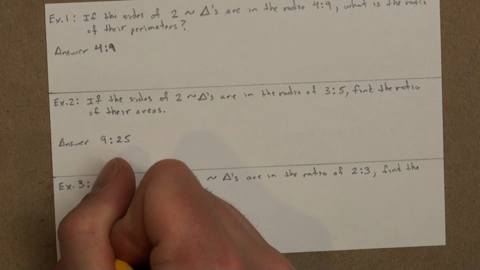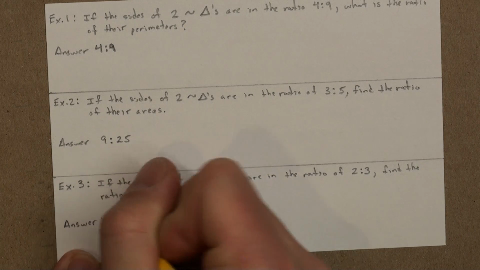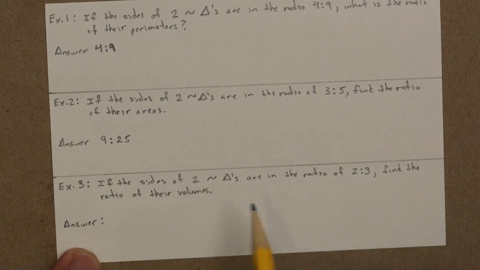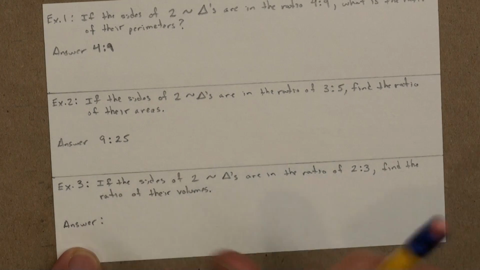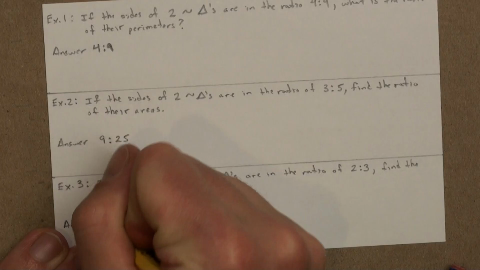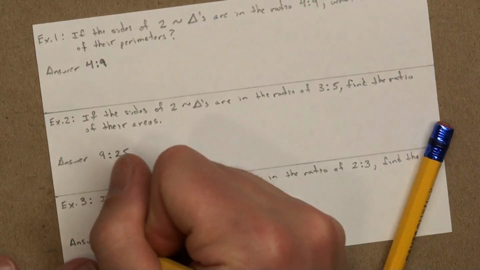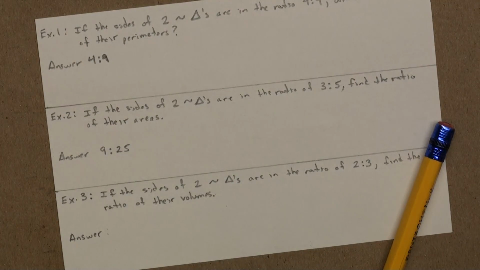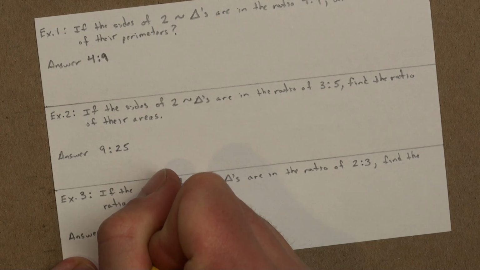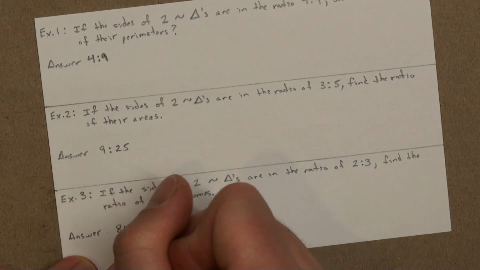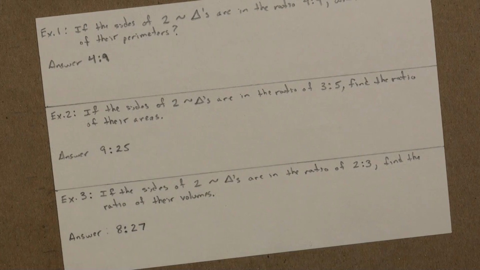My answer is going to be, I have to cube both of these numbers. So 2 cubed is 8. I don't want to write a colon there because I don't want you to confuse it with the colon in the ratio. So it's 8, and then 3 cubed is 27. So it would be in the ratio of 8 to 27.